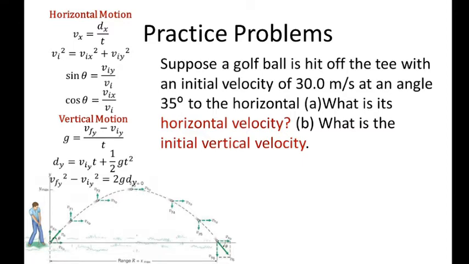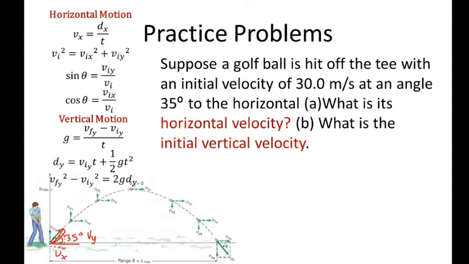So the initial velocity is this vector right here, and it is projected at 35 degrees from the horizontal or from the ground. And this vector right here has an x component, we call that one vx, and a y component, we call that one vy.